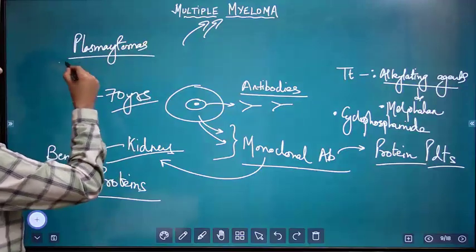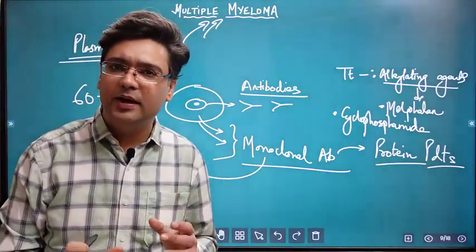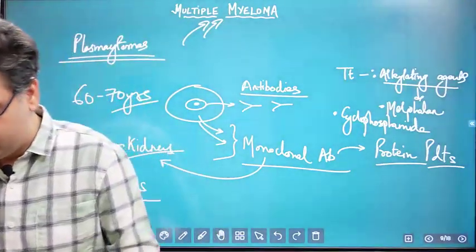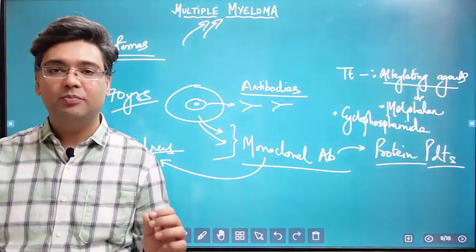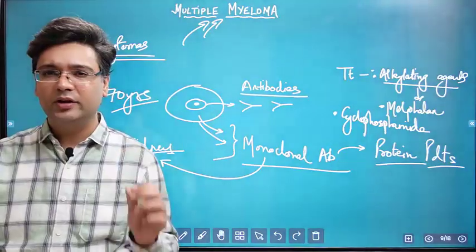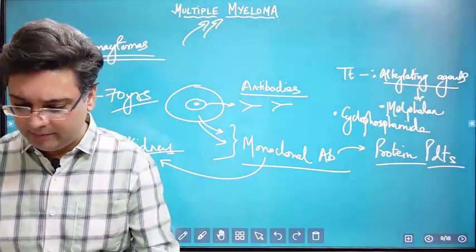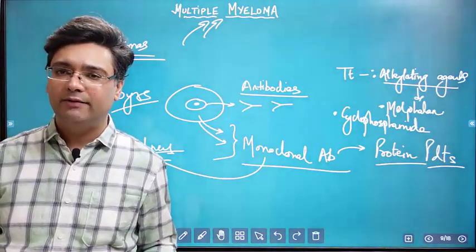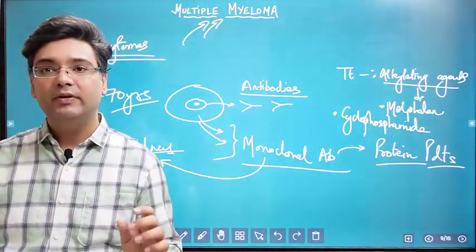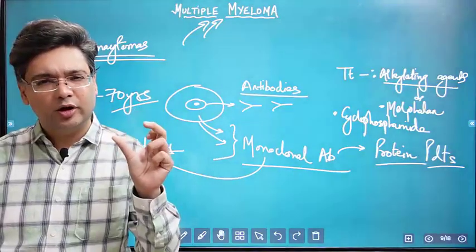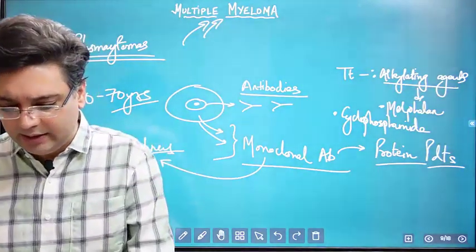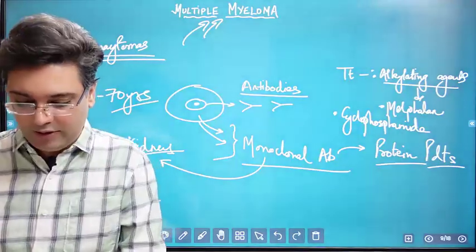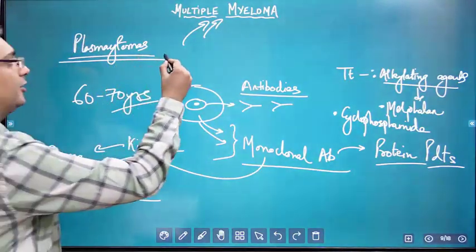They are called plasmacytomas when they are localized in one region and there is monoclonal proliferation in some outside regions. That means those regions sometimes cannot be in the bone marrow itself. They can be outside the bone. So when these solitary lesions are located outside, sometimes in soft tissues, they are called extramedullary plasmacytomas.